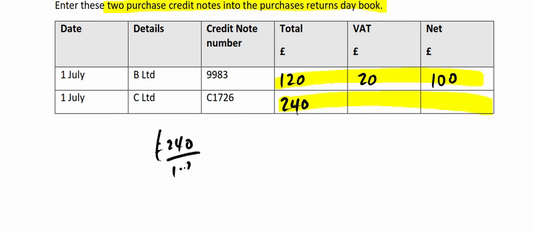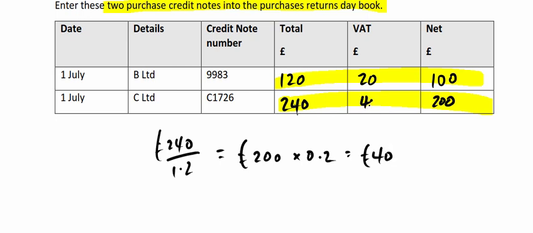You divide by 1.2 to strip out the 20% VAT, and 240 divided by 1.2 gives me a net value of that credit note of £200. And you can then double check if you multiply that net value by 20% or by 0.2, that should give you £40 VAT, which is the difference between the 240 gross value and the 200 net value. So that exercise is really just a matter of making sure you can identify the VAT element, either going from net to gross or going from gross to net.